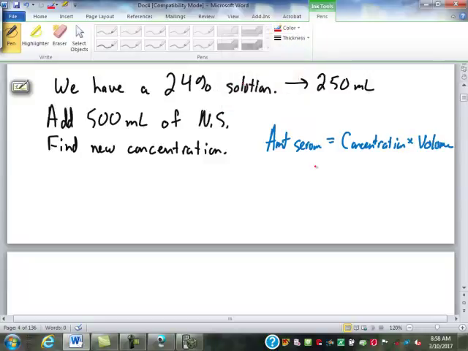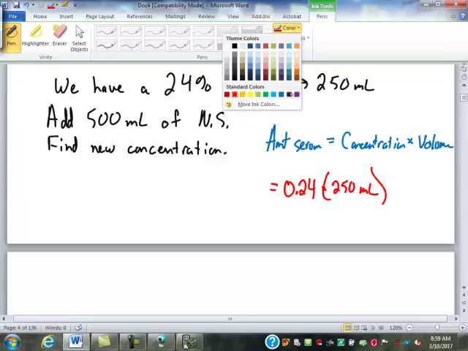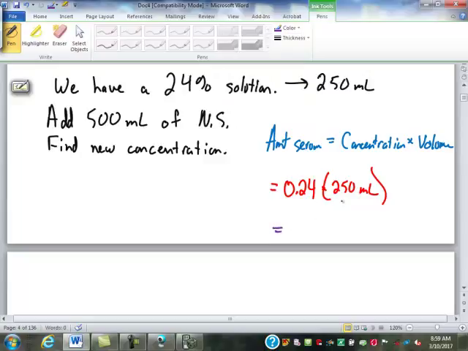So now here we started out with 24%, 0.24, and we're going to multiply that by 250 milliliters. So the amount of active ingredient there is 60 milliliters.